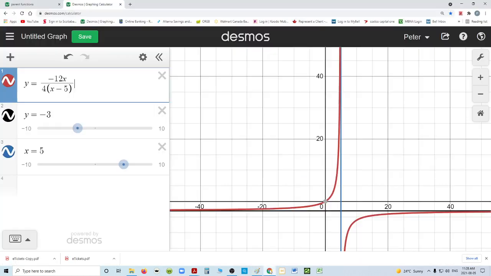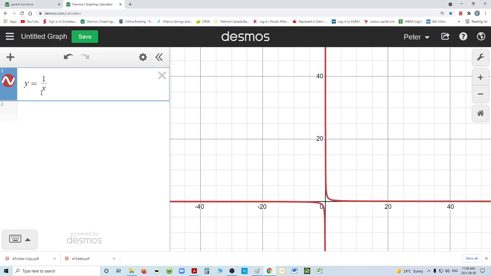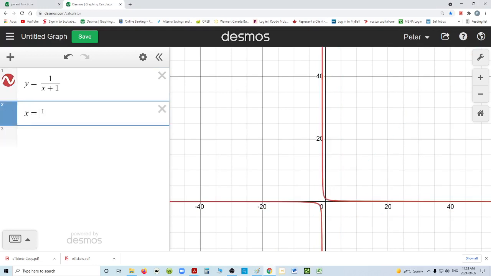Well, let's see what we can do on the graph instead. So we're going to start with 1 over x plus 1. So that's going to create our vertical asymptote. But notice that it's approaching 0. It's supposed to be approaching infinity. So I definitely don't think this is right.